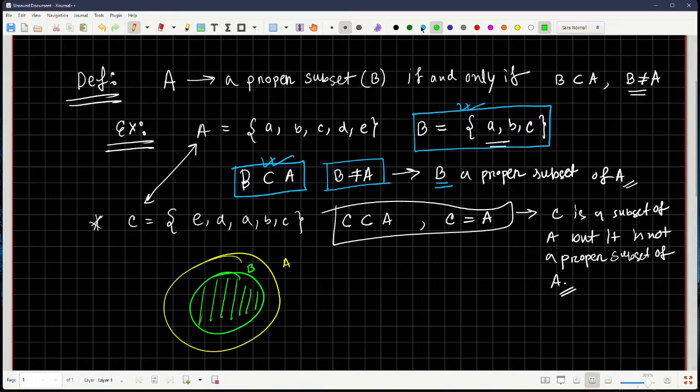But if this is A and this is B, and they coincide with each other, then B is not a proper subset of A. Does that make any sense? Yes, sir. Do you have any questions? No, sir.